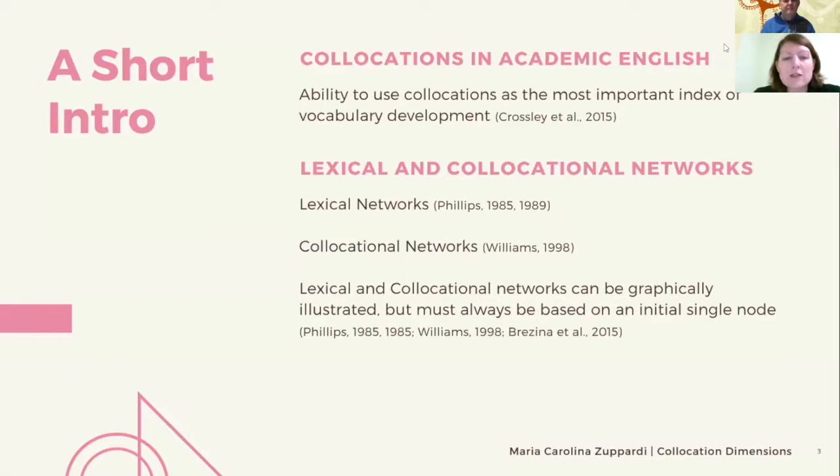Williams took that a little bit further into collocational networks, where in his study he expanded on Phillips' ideas and looked at how patterns in collocation, networks of collocates across nodes, can also reveal the meaning of discourse communities.